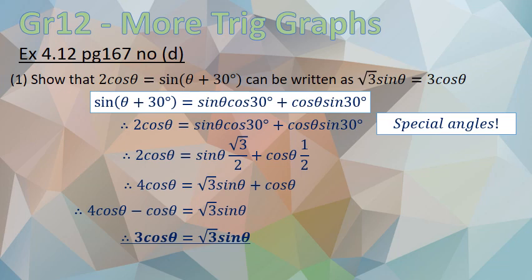Do you realize that the only piece of information we applied here was the compound angle identity? It's really straightforward. The rest was just substituting and then manipulating the left hand side and the right hand side a little bit. So I hope that wasn't too challenging for you.